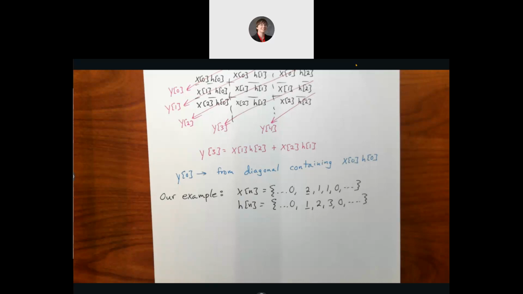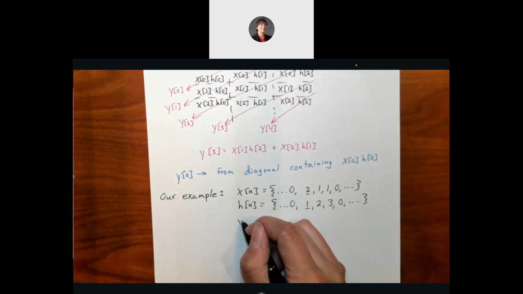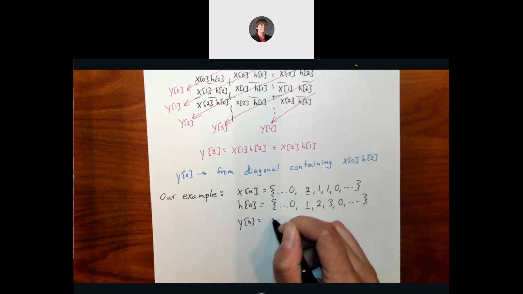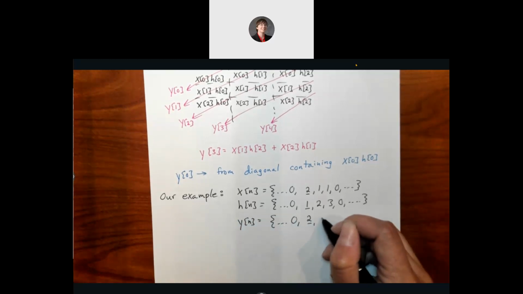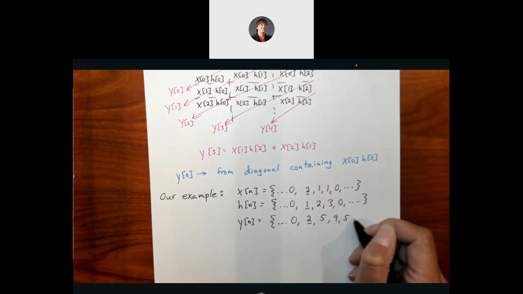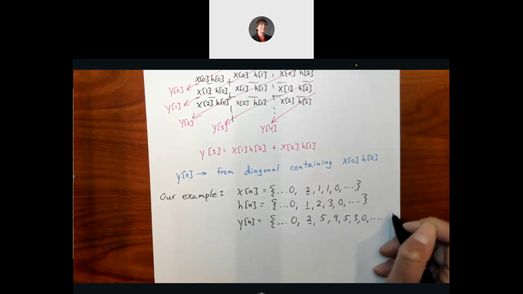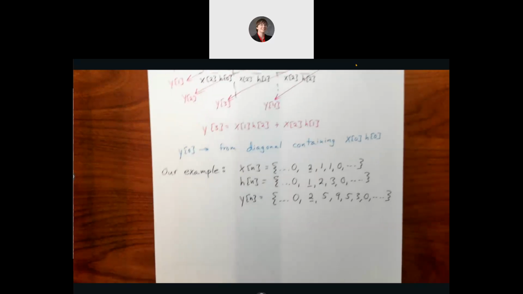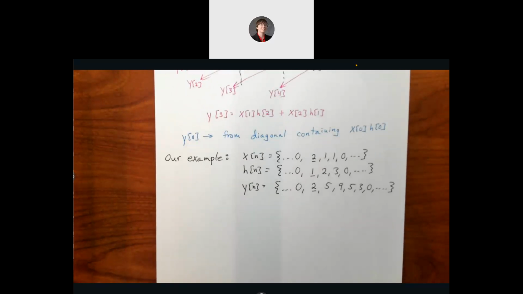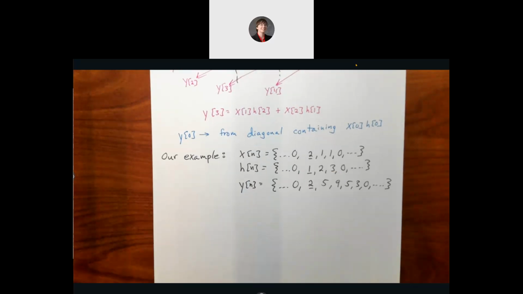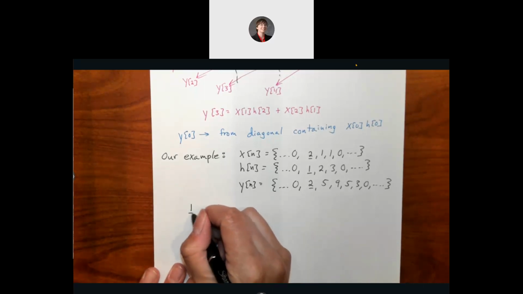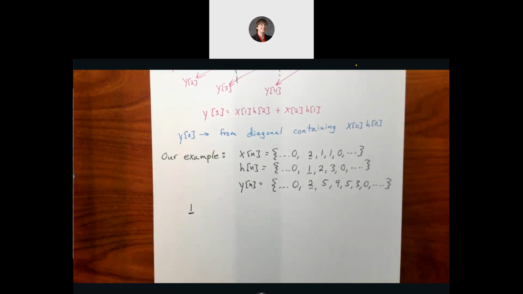And so if you use the method that we had before, actually going through and computing the summation for each of those n's, what you would get is y[n]. We have 0, 2, 5, 9, 5, 3. So now, if I use the array method, I'm going to take my h values and use those to label my columns.